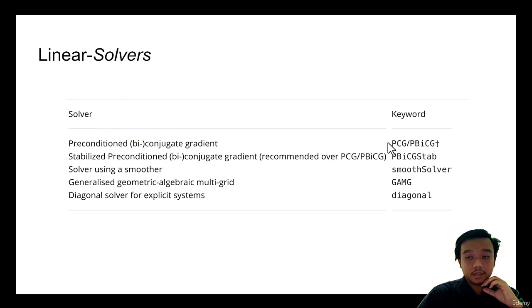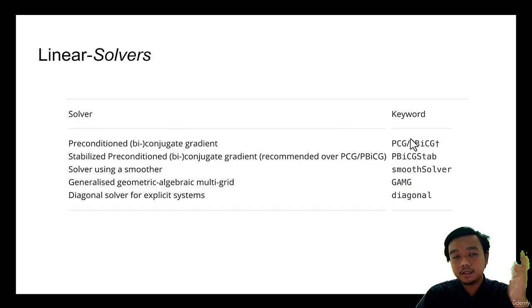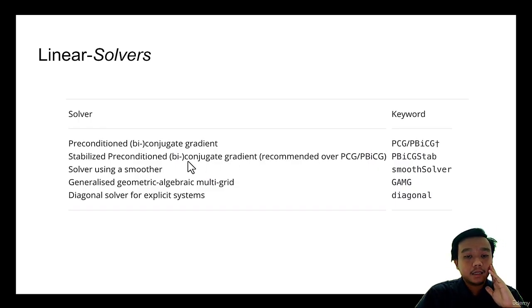solvers, let's say like the PCG, PBiCG, and anything like that. And again, the rule of thumb for selecting the solver is just to make sure that it's compatible with your solver. It is a little bit confusing, but I mean compatible with your solver.